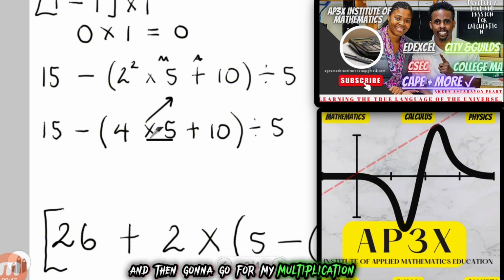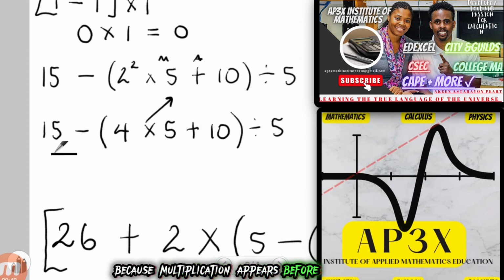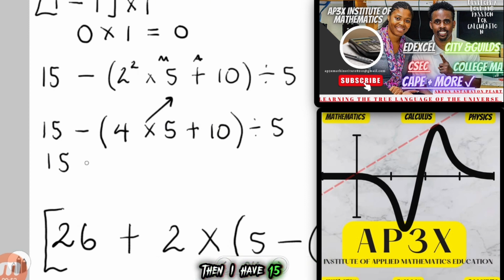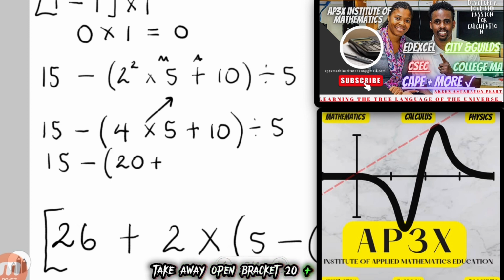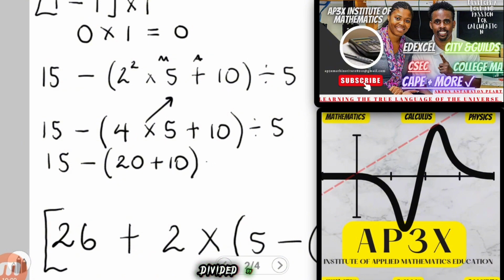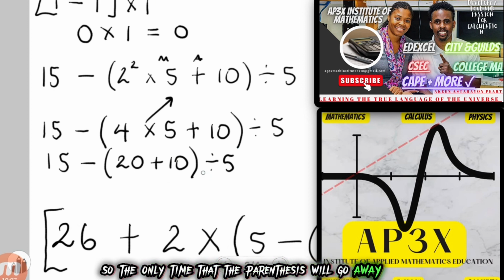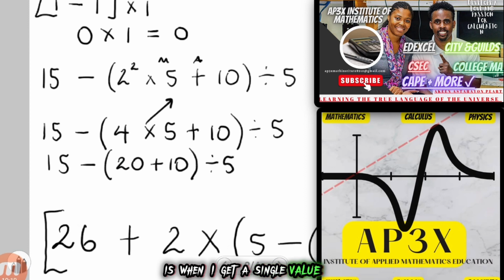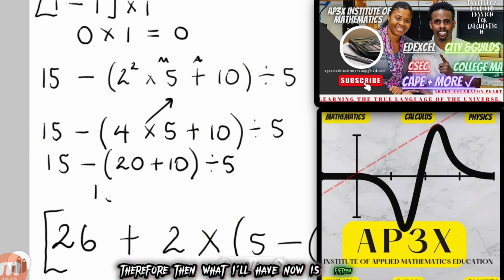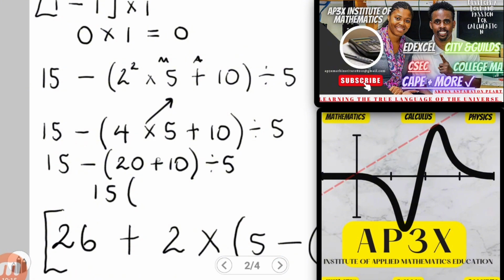I'm then going to go for my multiplication because multiplication appears before addition. So then I have 15 take away open bracket 20 plus 10 divided by 5. The only time that the parenthesis will go away is when I get a single value. So now it's going to be 15 minus, and the bracket is going to be gone because I'm going to get one single value here.